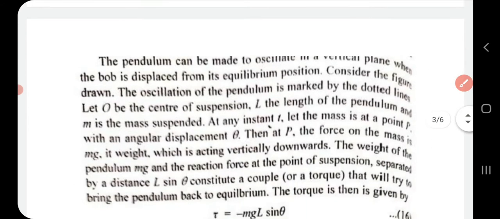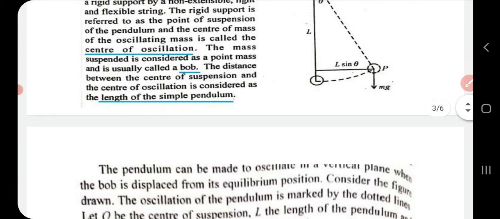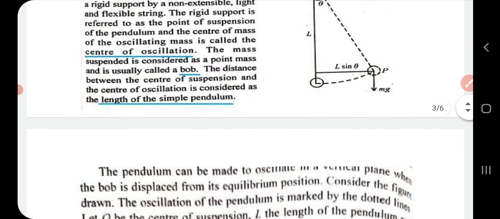Now we are going to start the experiment. You make the pendulum oscillate in a vertical plane. Oscillation means you are displacing the bob from its equilibrium position. That oscillation is represented by the dotted line in the figure.